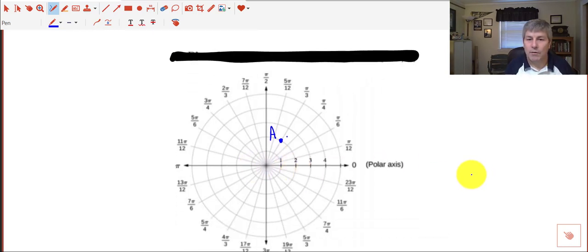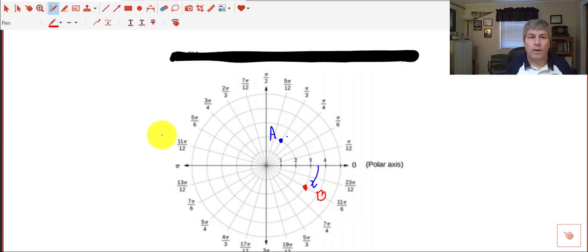So now I'm going to move in the negative direction from 3, pi over 6 units. And point B, we'll do that one in red for you. That is going to be there at 11 pi over 6, or negative pi over 6.